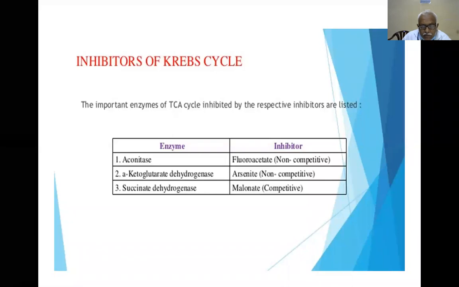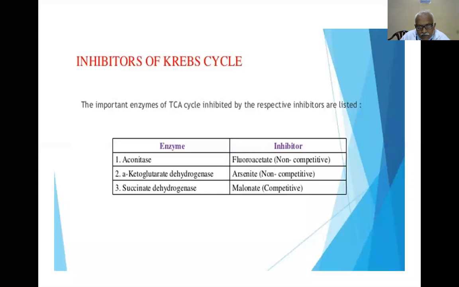It's a non-competitive inhibition. The alpha-ketoglutarate dehydrogenase enzyme is inhibited non-competitively by arsenic. So remember, these are the two enzymes, aconitase and alpha-ketoglutarate dehydrogenase, and both of them have non-competitive inhibitors.